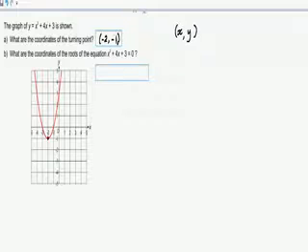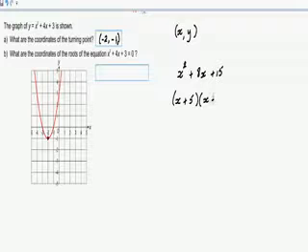Okay, then it says, what are the coordinates of the roots of an equation? Now when you've been doing algebra, you've been working out, for example, let's say we've got x squared plus 8x plus 15. Okay, and they say factorise, so I know that this is x plus 5 and x plus 3.